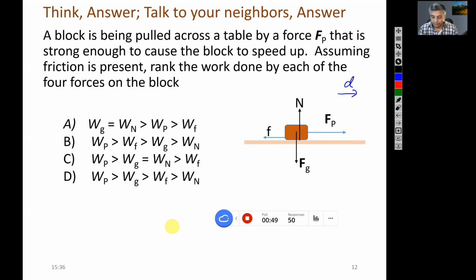Okay, so before we wrap it up, what does work done mean? It changes the energy of the thing. So for example, if I keep pushing something, what happens? It speeds up. Let's say with the net force, if I keep pushing it, its speed changes.